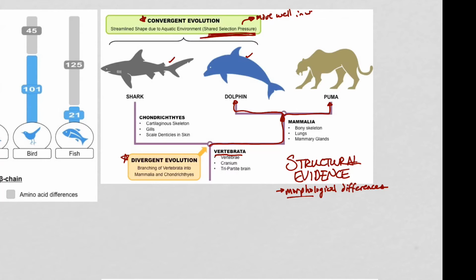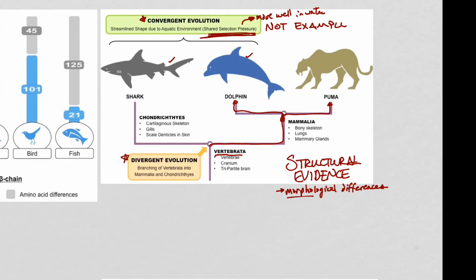And it just so happens that there's not very many ways to move well in water. And the best way is to be streamlined, to have certain fins in certain places, and so on and so forth. This is called convergent evolution. And this is not an example of common ancestry.